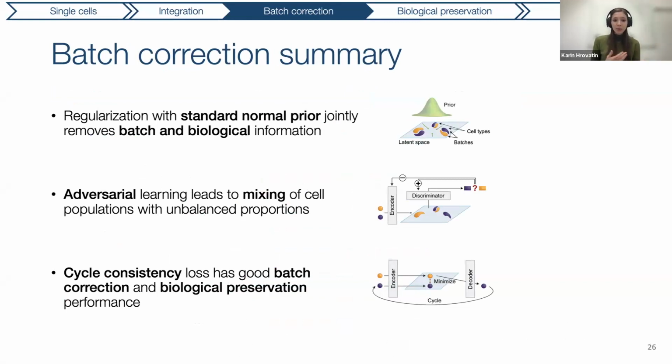Adversarial learning might provide you stronger batch integration. However, it will also lead to mixing of cells with unbalanced proportions across batches. And the cycle consistency here is our winner because it has both good batch correction and biological preservation.